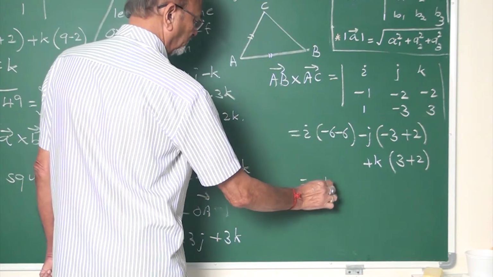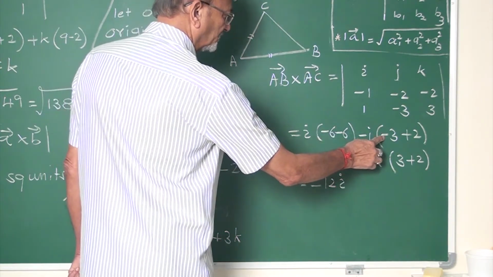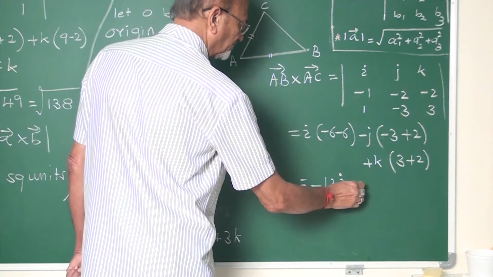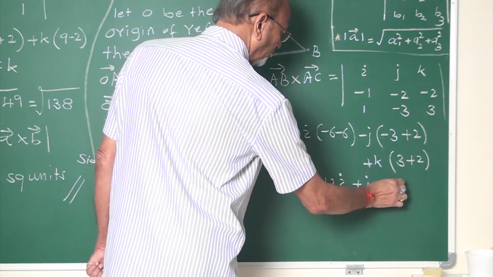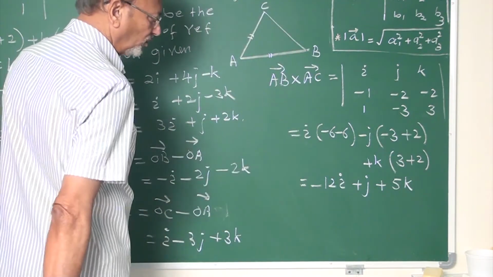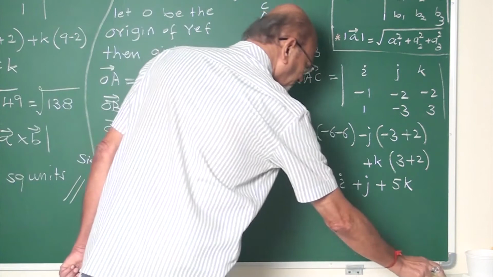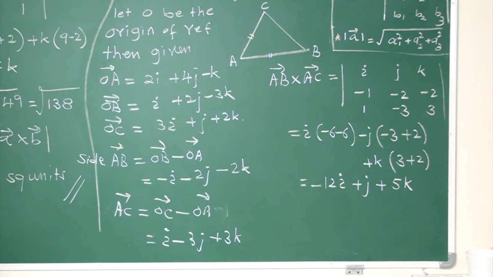Equal to minus 12i, minus 1 with minus j, this is plus 5k. Then you find the magnitude of AB cross AC.